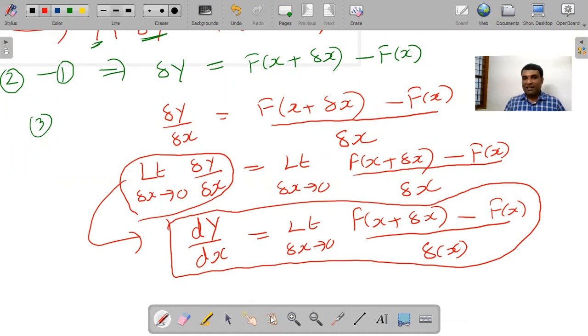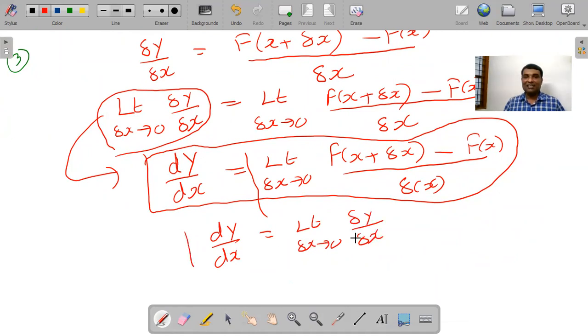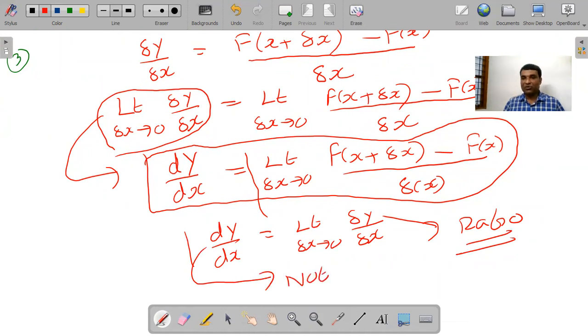Now, actually, what does this represent? We said dy by dx is equal to limit delta x tends to 0 of delta y by delta x. Delta y by delta x is a ratio, but this quantity dy by dx is not a ratio.